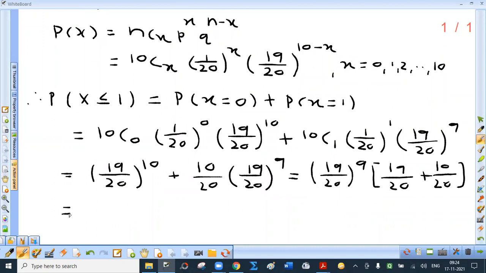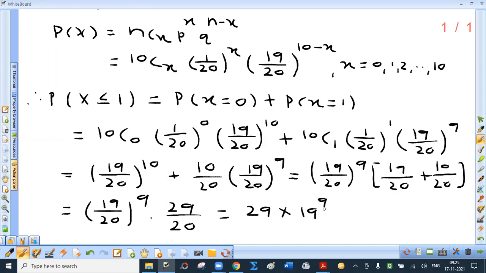So this is 19 upon 20 raised to 9 into 29 upon 20. Keep the answer as it is. So required probability is this. Or you may say this is 29 into 19 raised to 9 upon 20 raised to 10. Same thing.